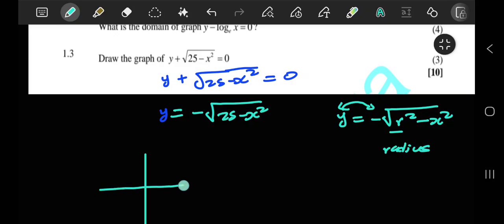So we have r squared. Also here we must change this 25. When you change 25, it's the same as 5 raised to the power of 2, you see. So here we can simply say it's 5 raised to the power of 2. That means our r is equal to 5.